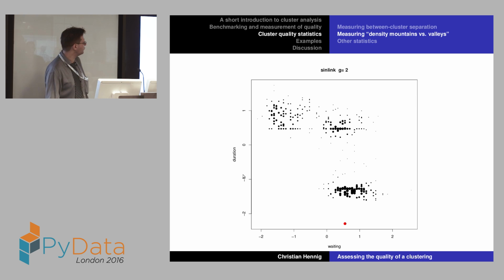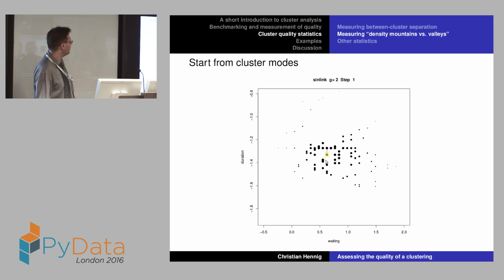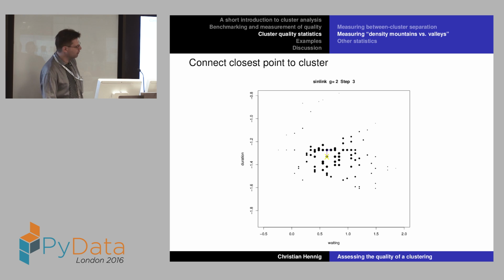So what I do is I start from the point with the biggest density, which is somewhere in here. I magnify this bit now. And then I go to its nearest point, and I add a penalty if the density then goes up, which in the first step it can't, right? Because I start from the mode. I go further.